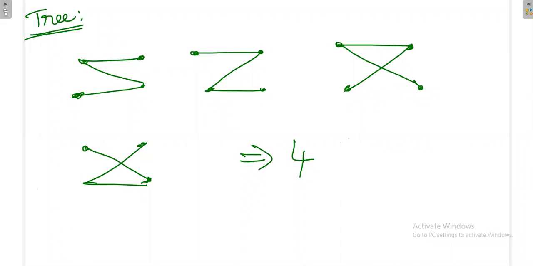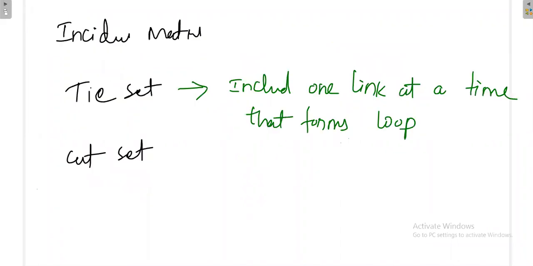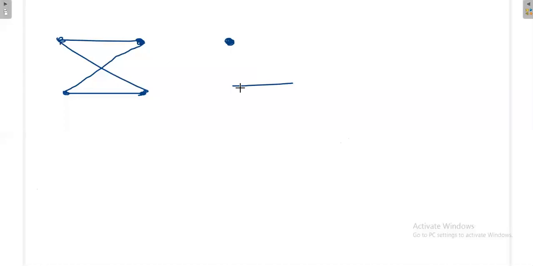Then what about the cut sets? Okay, what about the cut sets here? For that we will take the reference problem. Okay, so this is the question given. Again, we are not going to form a fundamental cut set, but we are going to form only cut sets. That means I can remove this, I can form like this.